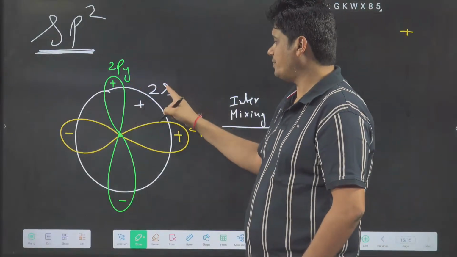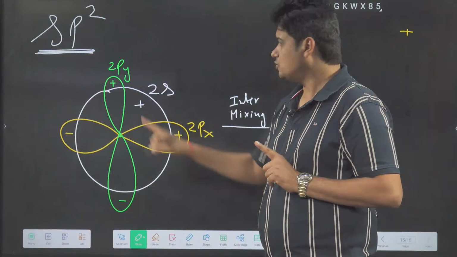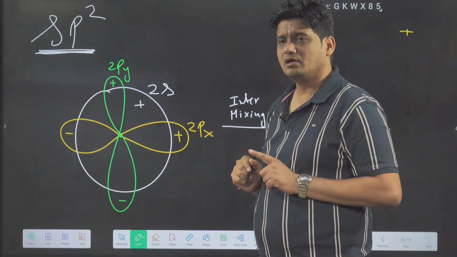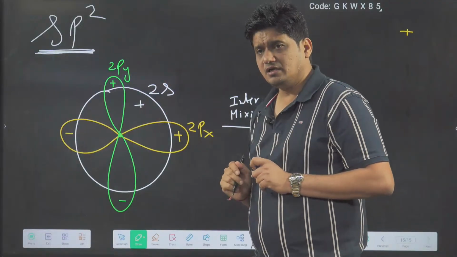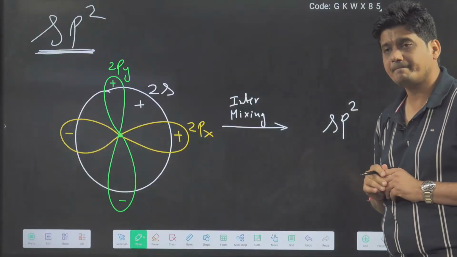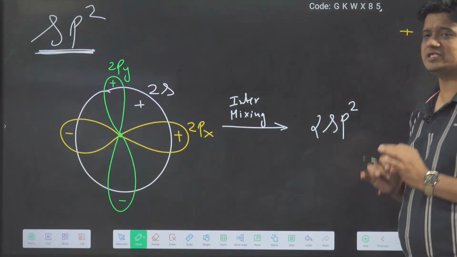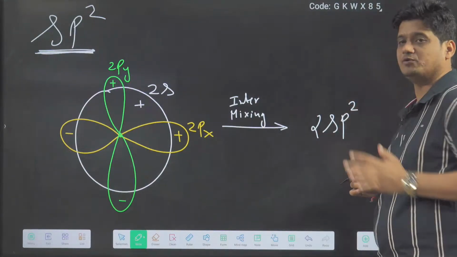How many s orbitals are present here? One s orbital. How many p orbitals are present here? Two p orbitals, one is 2px and another is 2py. So one s orbital and two p orbitals will produce sp2 hybrid orbitals. The name is 2sp2.